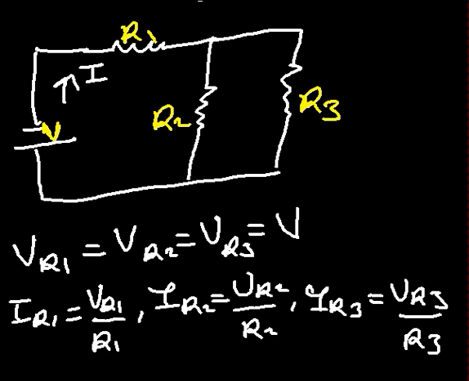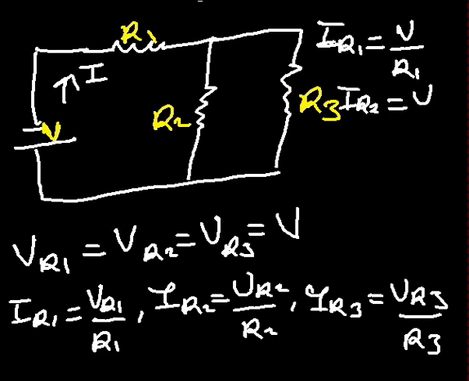So now if that's the case, then the current across the R1 resistor will be given as the voltage over R1. And how about the current across the R2 resistor? I'll have it as the voltage over R2, so much as the voltage is the same.